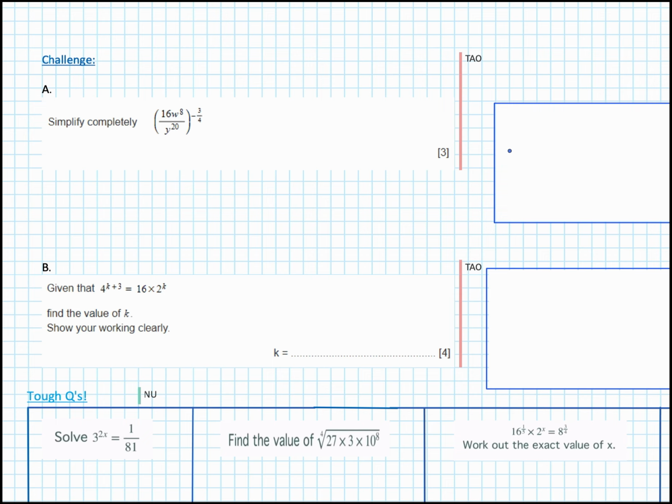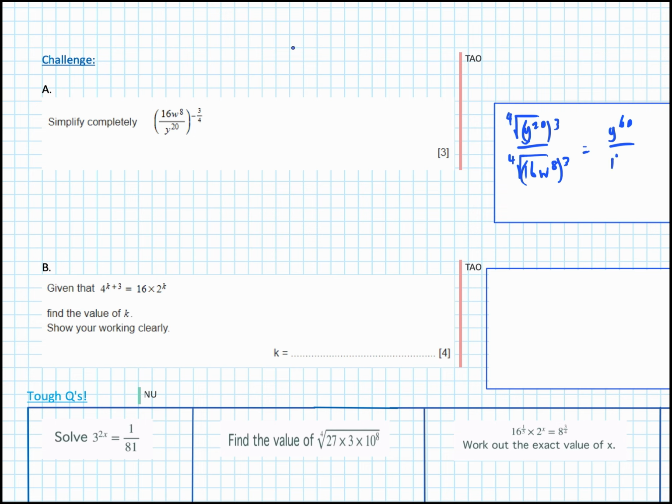Maybe just 2 more little challenging ones, but this one's very similar to a previous one we just did. I'm going to set it up fairly quickly. So y to the 20 over 16 w to the power of 8, sorry. We've got minus, so we've flipped it already. I've got 3 over 4, so that's root 4. And our 3 goes on the outside, so put your bracket in just to make it very clear what you're doing. And from there you get y to the 60.